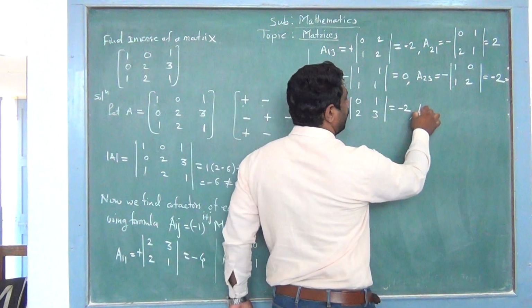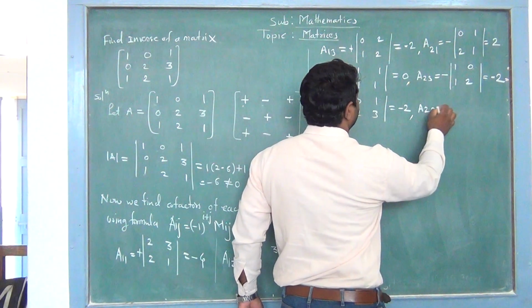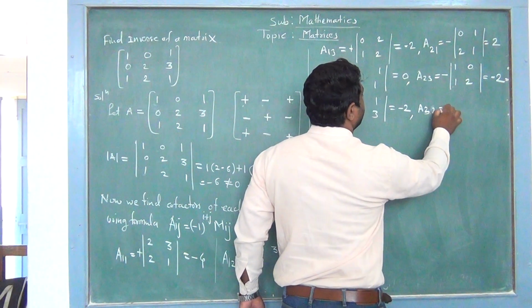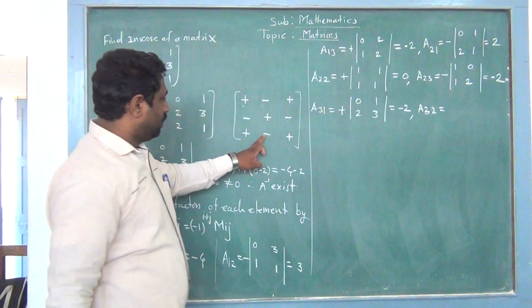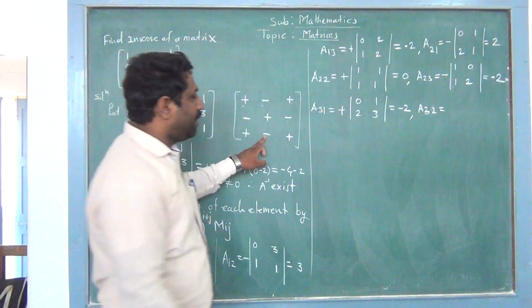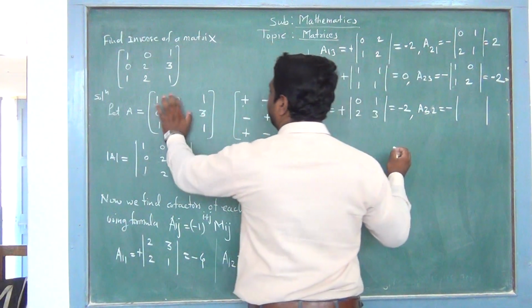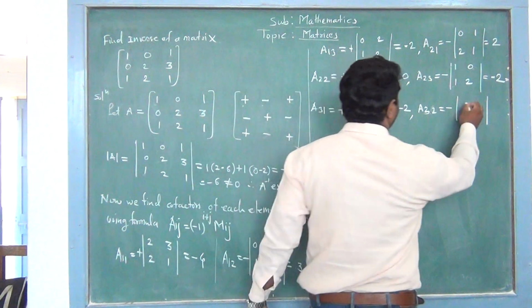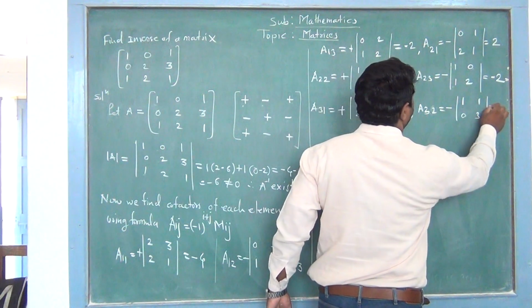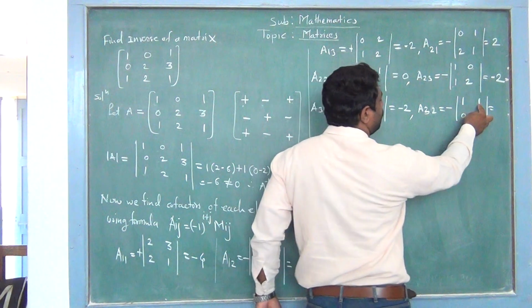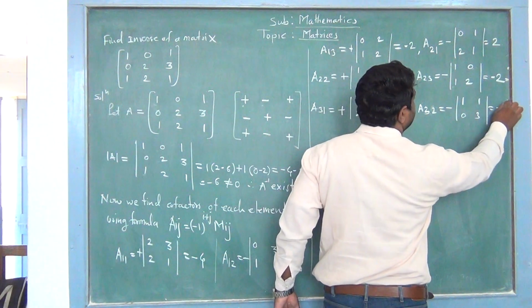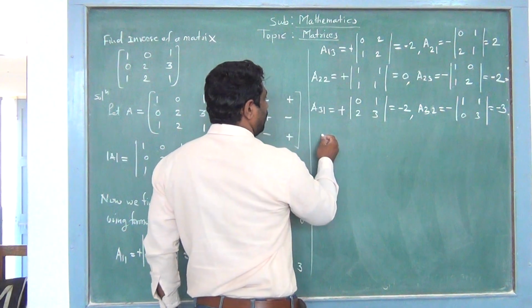Next, the cofactor of A32, third row second column, has sign minus, so minus of the minor of that element, [1 1; 0 3]. So 3 minus 0 is 3, and with the outside minus, it is minus 3.